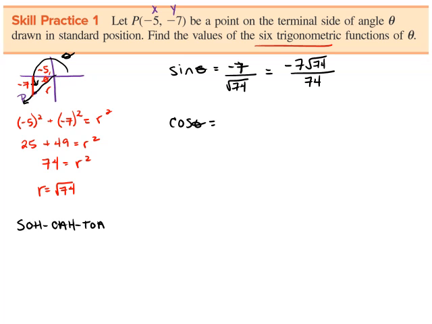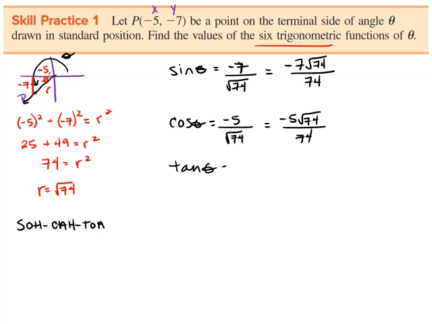Cosine of theta, so using this reference angle, and again, reference angles come up more in a couple slides from now, but I just want to get your feet wet a little bit. Cosine is the adjacent over the hypotenuse. When I rationalize this, I get -5 times the square root of 74 over 74.